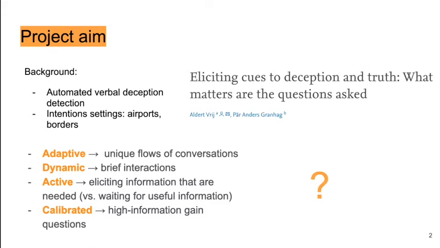It should be active, so the system actively elicits information from the interviewee rather than waiting for useful information, which is what we typically do when asking people to write a full statement, where we just hope that they give you useful stuff to work with. And it should be calibrated. What we mean by this is it should ask questions that have a high information gain, so questions that are actually useful.